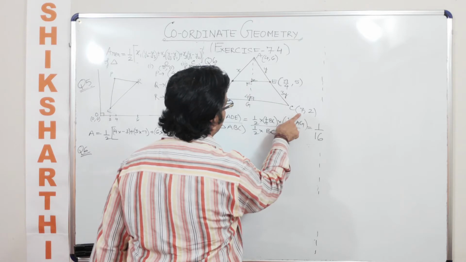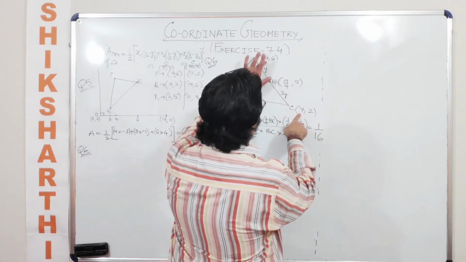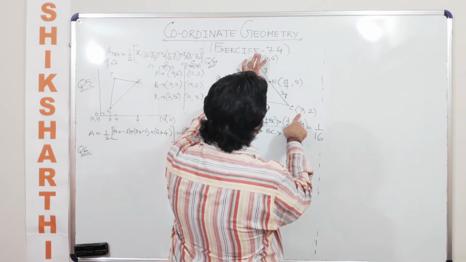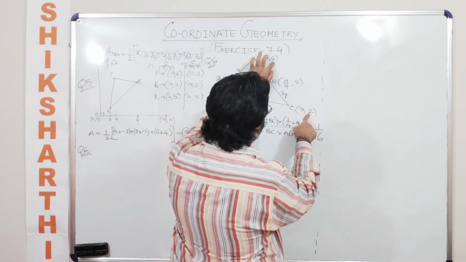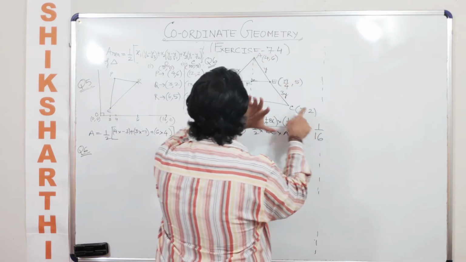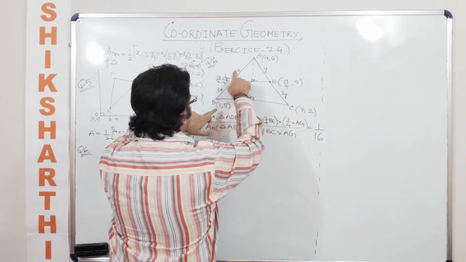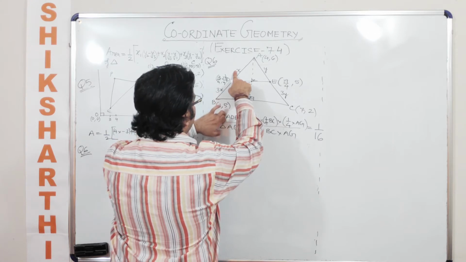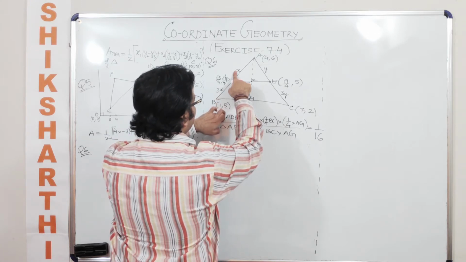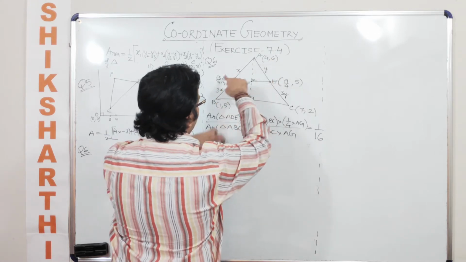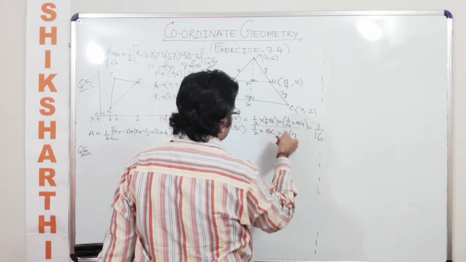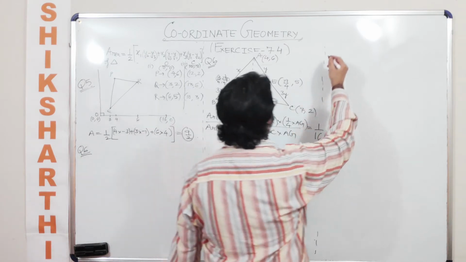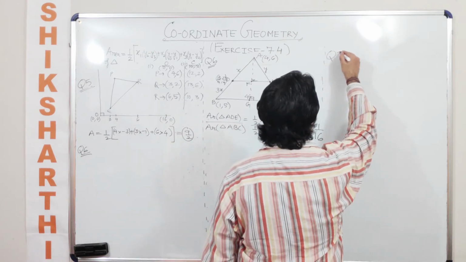So 7 plus 12, which is 19, 19 divided by 4 is the x part of it. 2 plus 18 is 20 divided by 4, which is 5. Now in this case we are saying 1 plus 12, which is 13 divided by 4. 1 into 5 is 5 plus 18, which is 23 divided by 4. So just use this and check, which you will be able to do yourself. Talking about the last question now, which is question number 7.